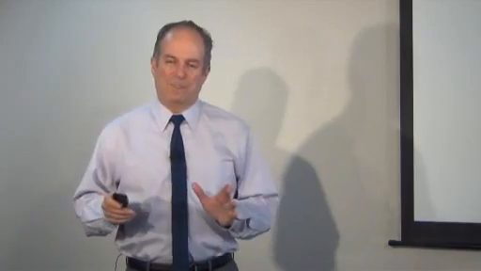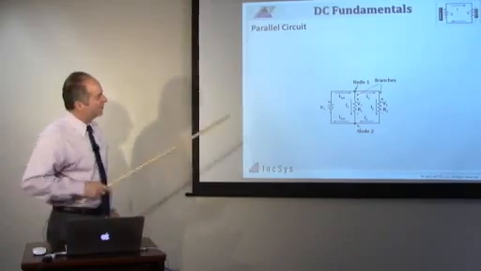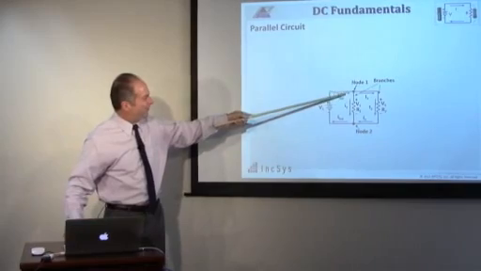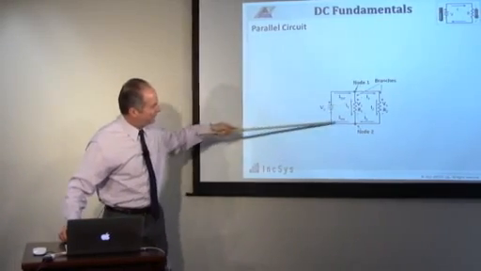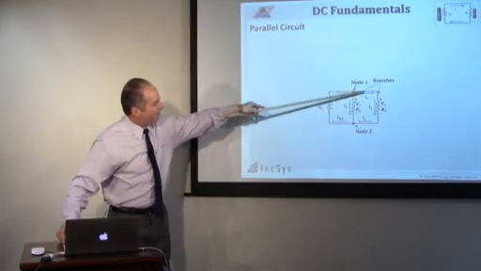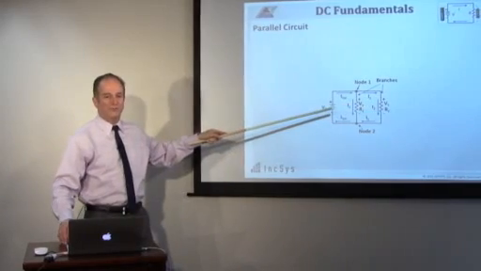Now, in a parallel circuit, we're going to be talking about current. If we have a voltage source, the voltage is across both ends of both resistors here, okay? The current flowing down the resistors depends on the resistances of those two resistors.